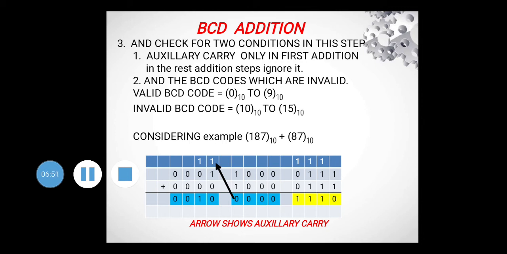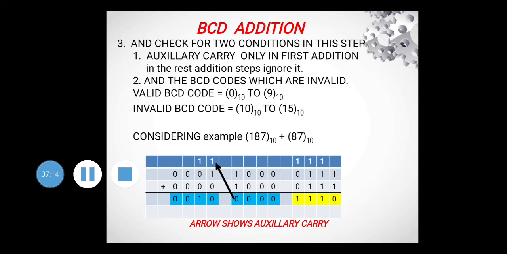After addition, check the first 4 bits I have added, shown in yellow color. After addition only 4 bits are generated, that is 1110, and an auxiliary carry is not generated, so it is not marked here.